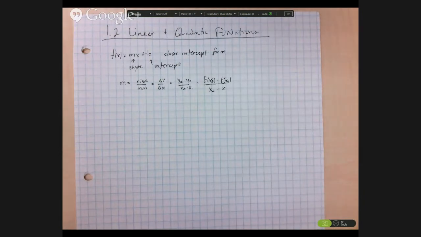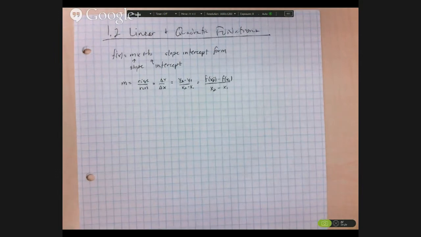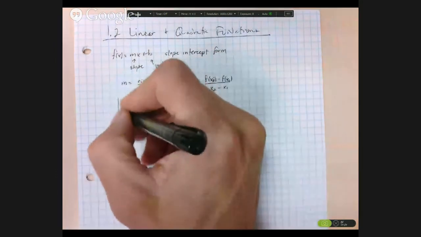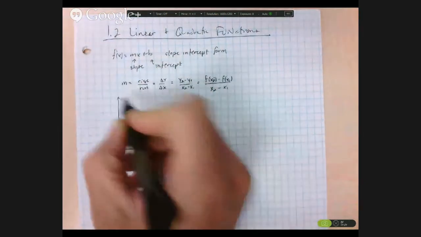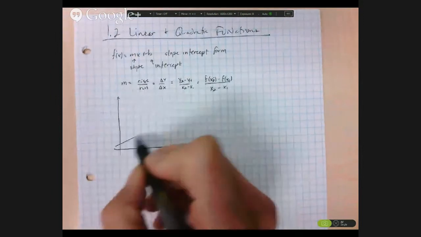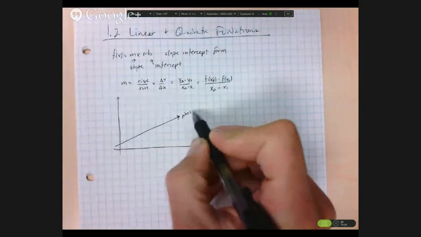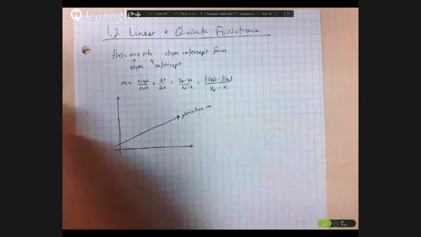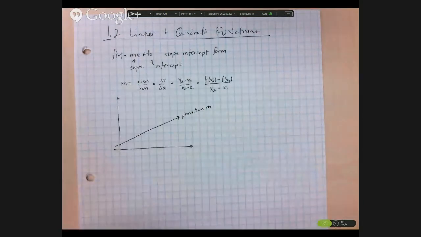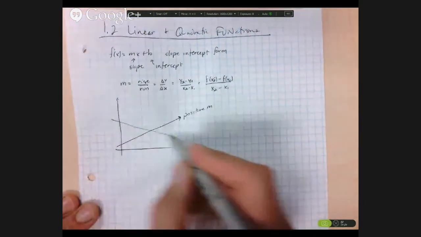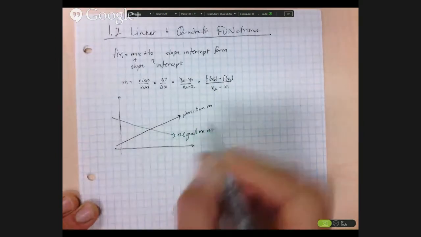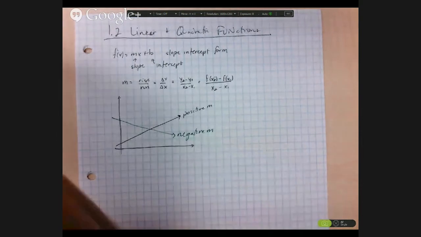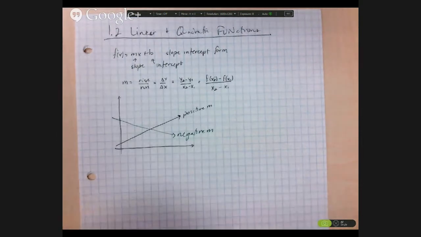Be sure you know when there's positive slope, negative slope, horizontal and vertical lines. Okay, positive slope up to the right. Negative slope down to the right. Then we have vertical line.